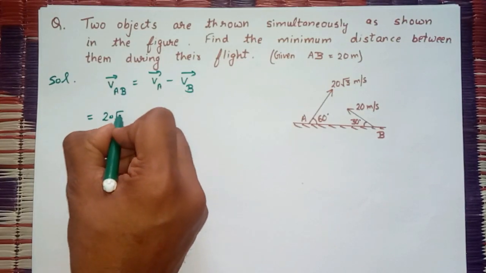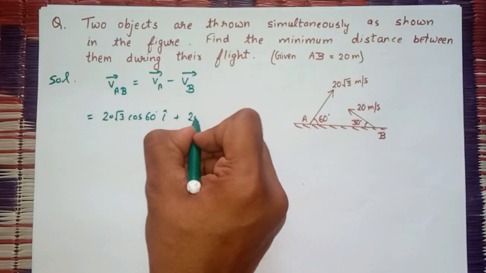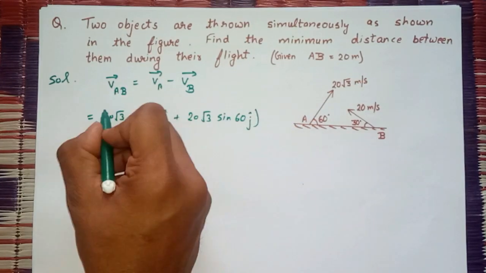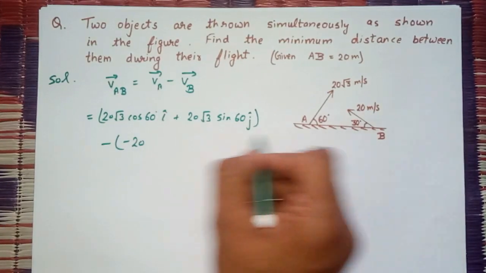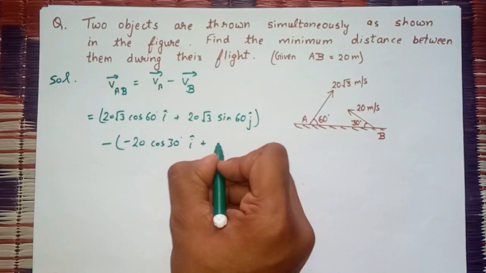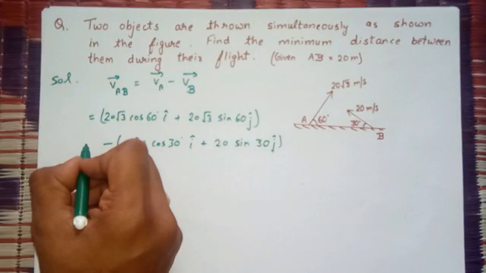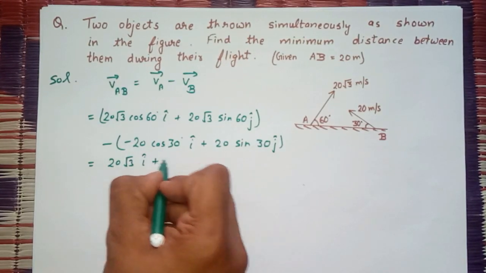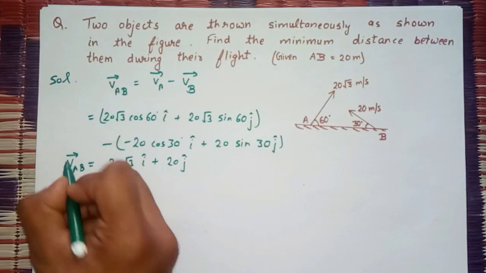It is 20 root 3 cos 60 i cap plus 20 root 3 sin 60 j cap, minus velocity of B, which will be minus 20 cos 30 i cap plus 20 sin 30 j cap. On solving this, I will get 20 root 3 i cap plus 20 j cap. This is velocity of A with respect to B.